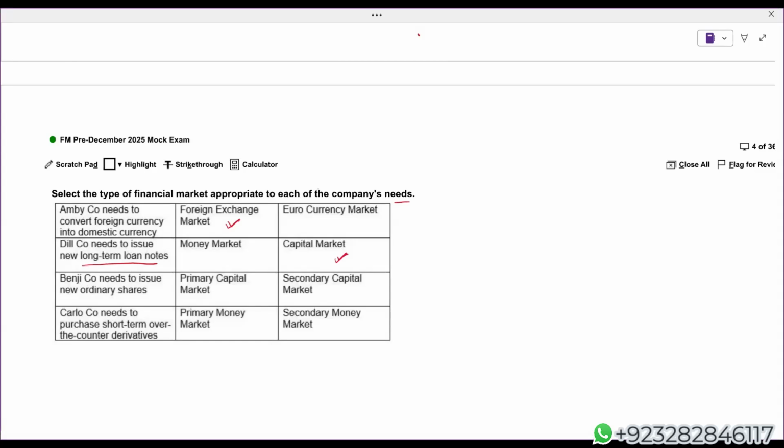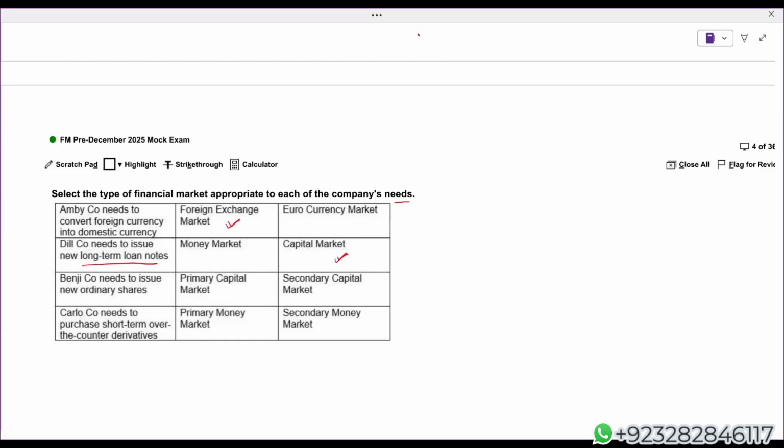Repeat, wherever the term money market comes, you should be thinking of short-term financial instruments. When we say capital market, then you should be thinking of long-term financial instruments. So basically, Dell company needs to issue new long-term loans, so the relevant market for them is capital market.